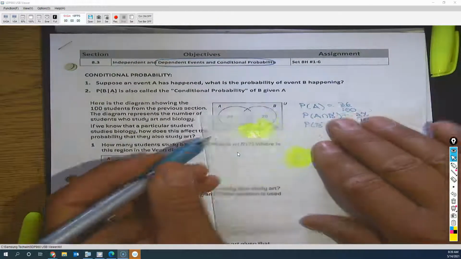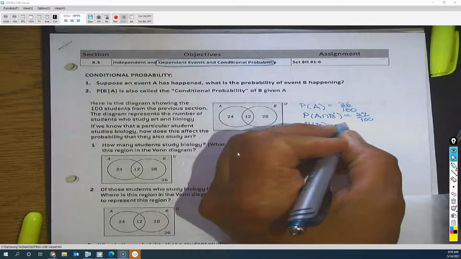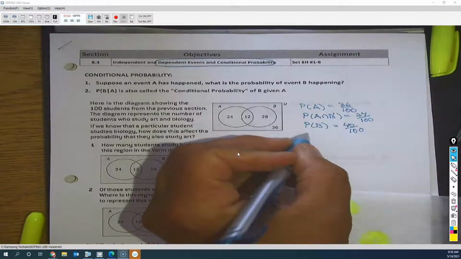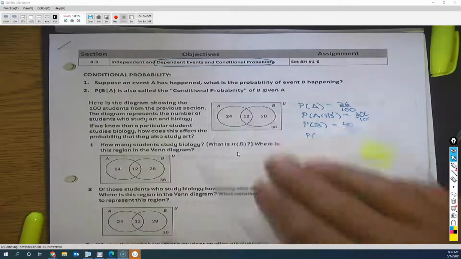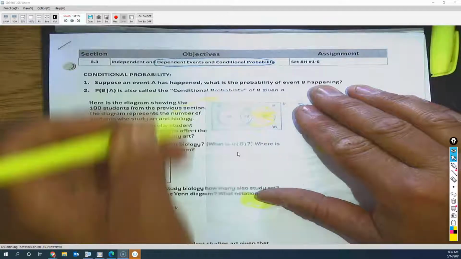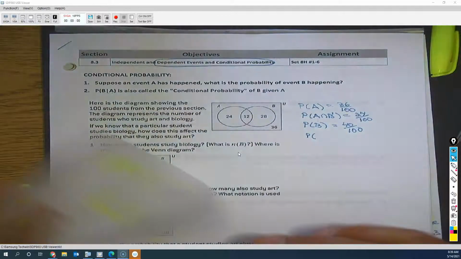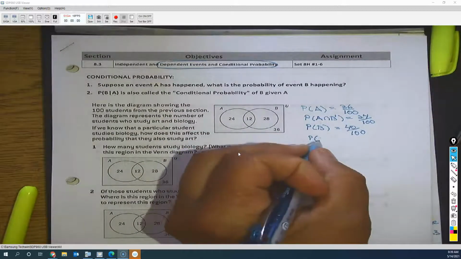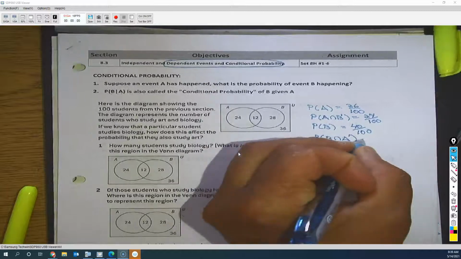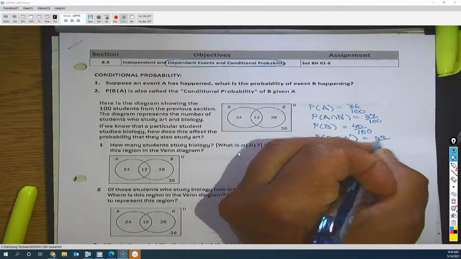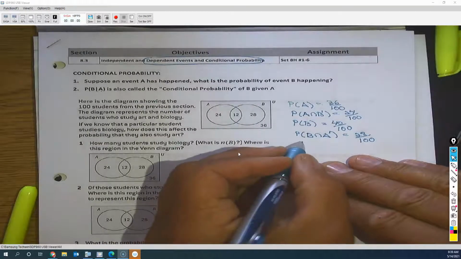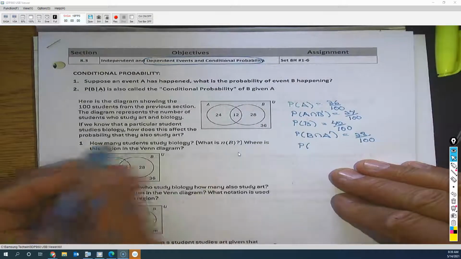That's 40 out of 100. And the probability of studying only biology, 28 out of 100. So this would be B intersect not A, 28 out of 100.